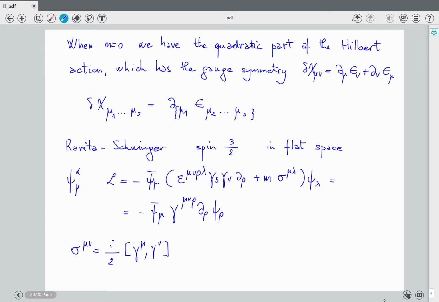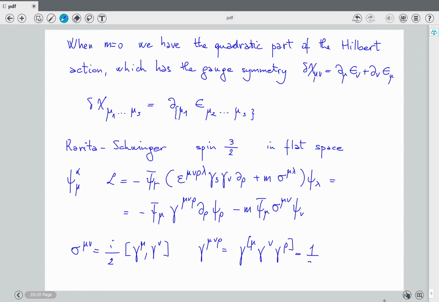Psi rho minus m psi bar mu gamma mu nu psi nu, where this gamma with 3 indices is a completely anti-symmetrized product of 3 gamma matrices.